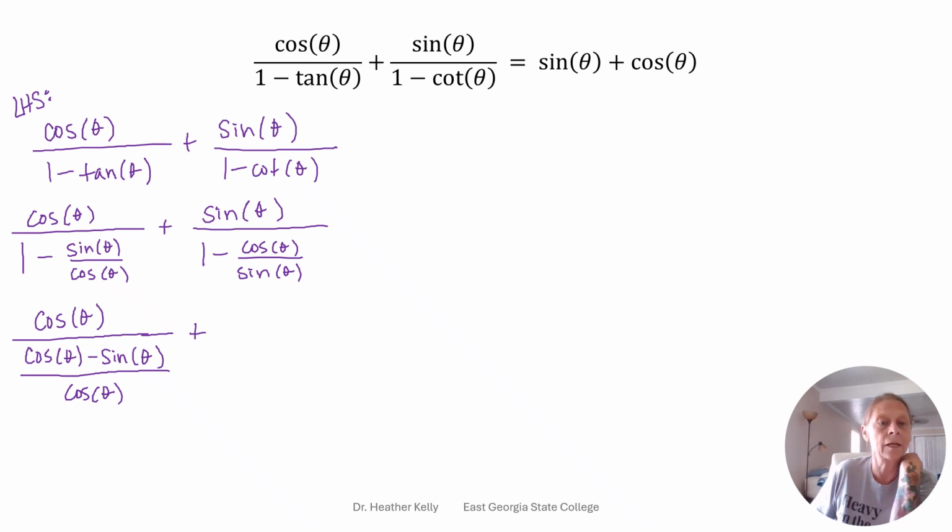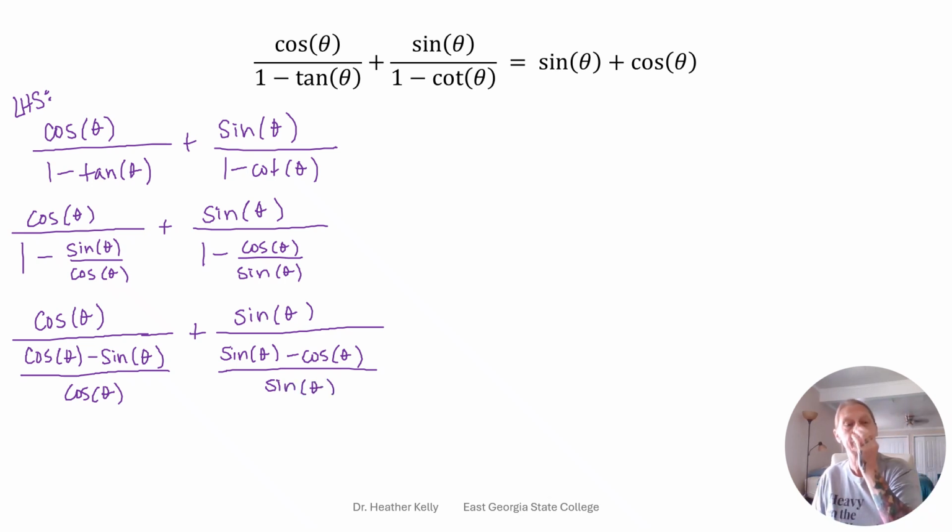Plus we get a sine theta here on top, nothing to do there, and then I'm going to put the bottoms together, and that's going to become sine theta minus cosine theta all over sine theta.